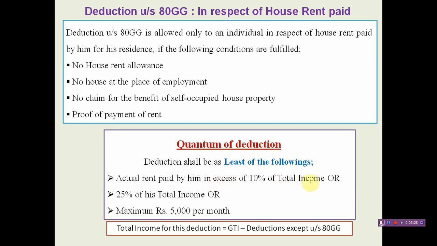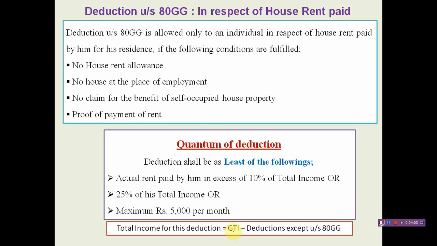Here total income for the deduction under section 80GG is the same amount as we studied in the case of deduction under section 80G, that is, adjusted gross total income.